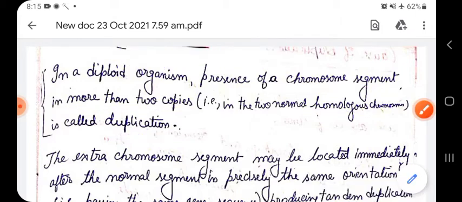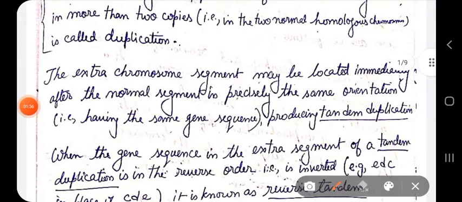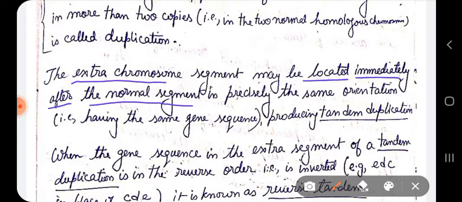Now that extra chromosome segment, depending on at what position it remains, if the extra chromosome segment is located immediately after the normal segment and precisely in the same orientation, that means the sequences are accurately the same, not reverse order.